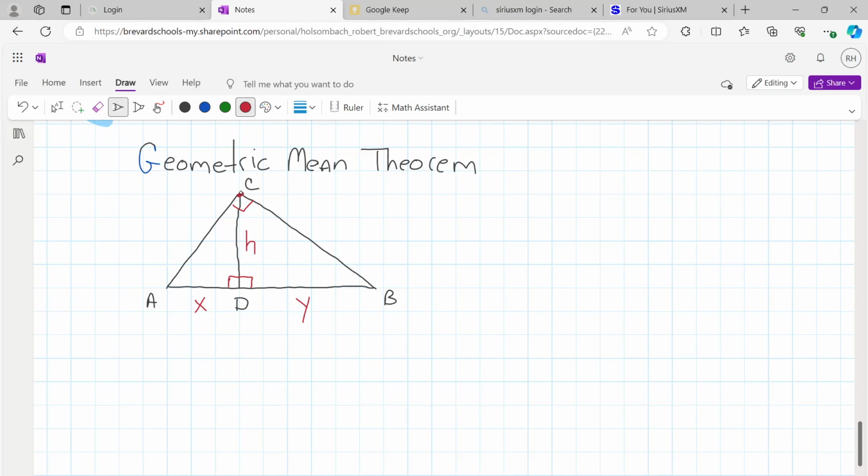We talked about it yesterday. Altitude drawn to the hypotenuse in a right triangle. That distance, H, is equal to the square root of X times Y.